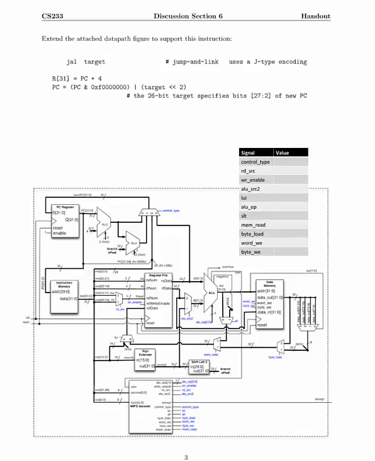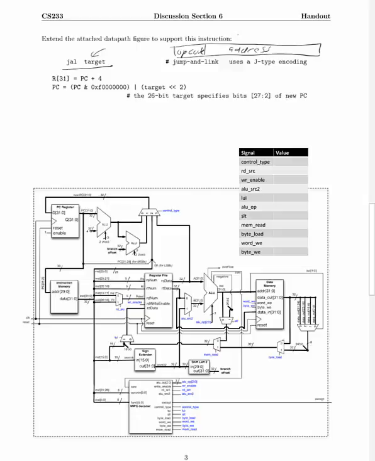So the first thing that I'm going to notice is that the goal of the problem is I'm asking you to execute a new instruction, such as JAL, jump and link, target. So target is the place I want to jump to. So we're told that it's a J type, which means it's going to take the format of opcode and then address.